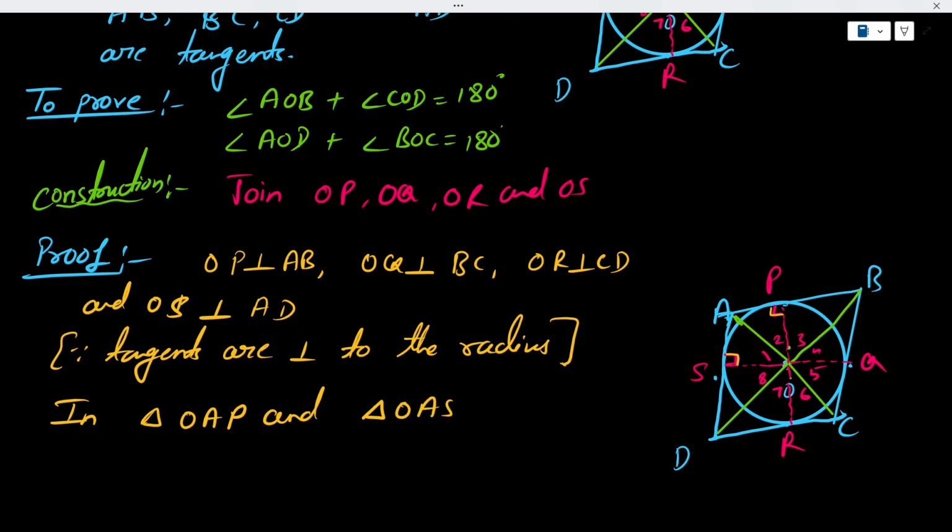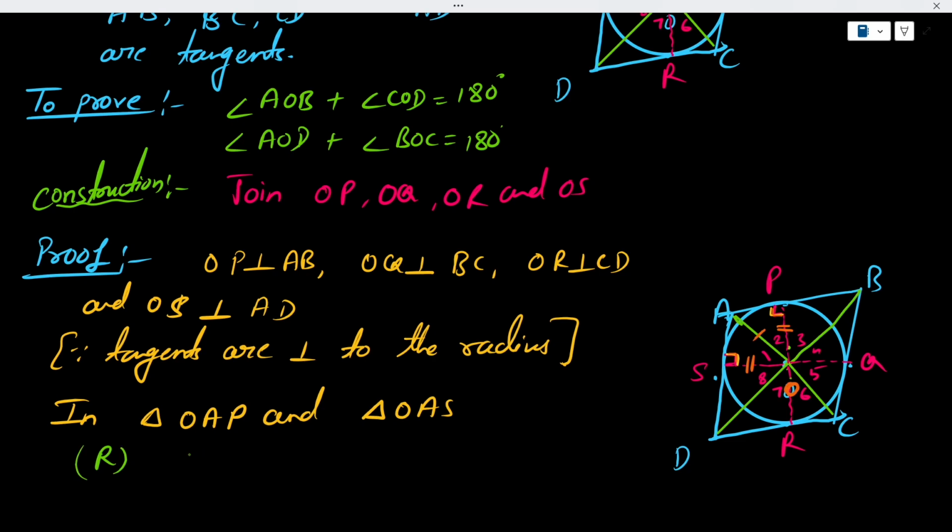This side is equal to this side because radii of the same circle, then there is a right angle triangle and OA is the common side, which is the hypotenuse, the side opposite to 90 degree. So using RHS we can prove it congruent.